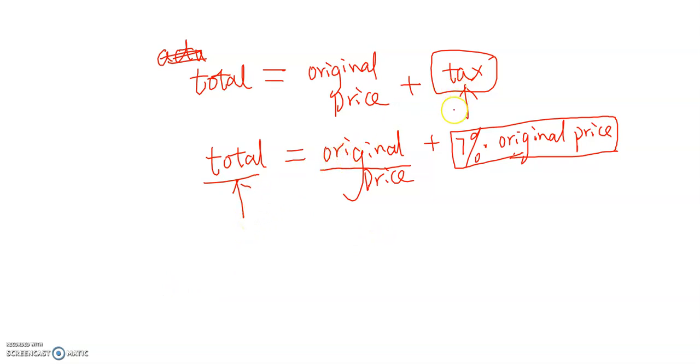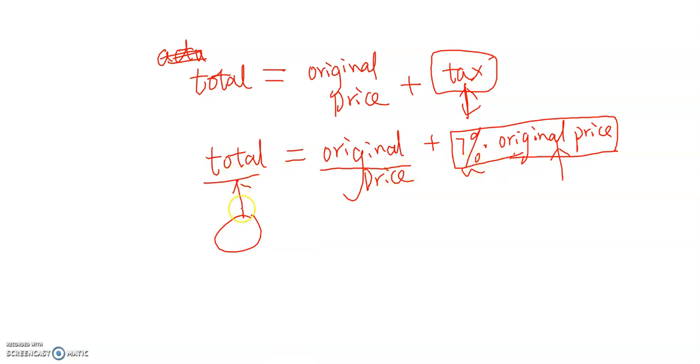So when you try to find the tax, don't use the amount given to multiply by 7%, because tax is always 7% times the original price, not times the total, which already includes the tax. Okay, so be careful.